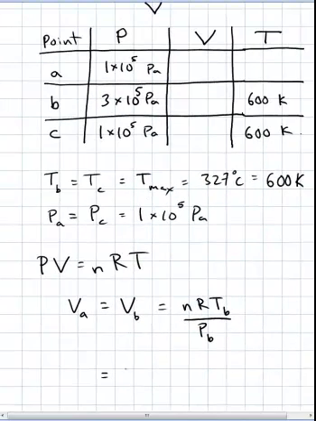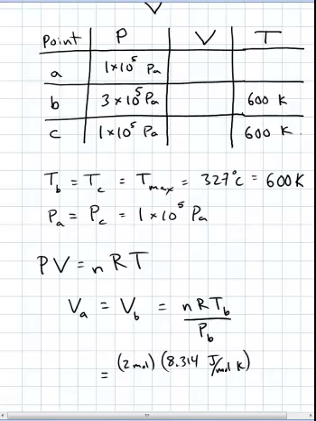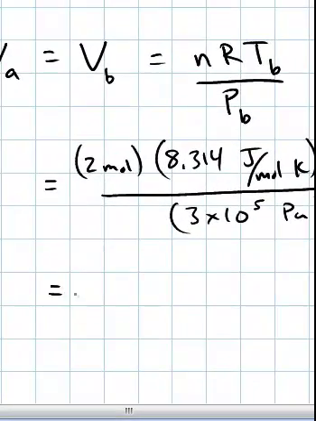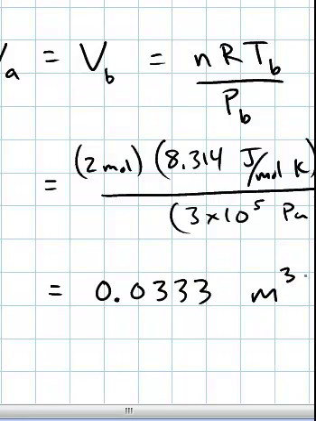That's 2 moles times 8.314 joules per mole Kelvin times 600 Kelvin all over 3 times 10 to the 5th pascals. And that leaves me with my answer in cubic meters. The volume is 0.0333 cubic meters.